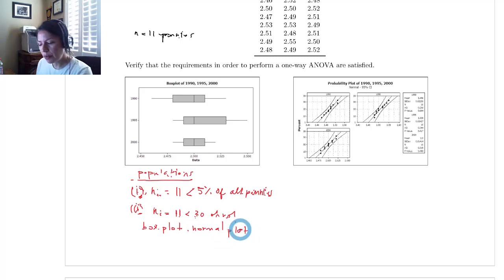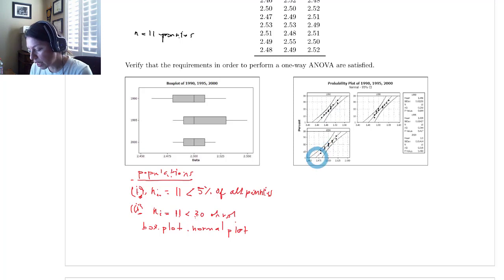You can see that I went ahead and did the box plots for you, and the box plots have no outliers, so you're okay there. And then for the normal probability plots, I graphed them all here. I used a statistical software called Minitab, and I was able to put these in and spit them out pretty quickly.